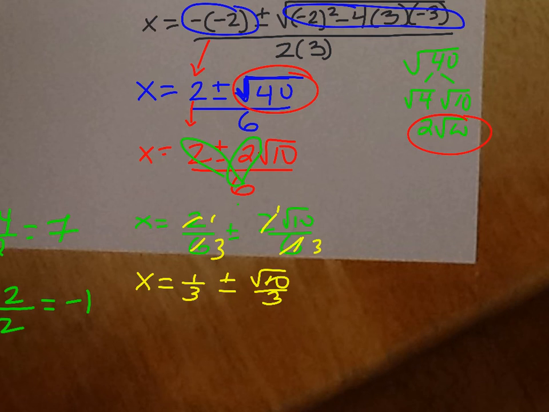That would work also. So if we have this, if I don't separate that, if I leave it as x equals 2 plus minus 2 the square root of 10 over 6. What I like to tell my other classes is, if you can make a heart, notice I'm making a heart with the numbers, not the radical.